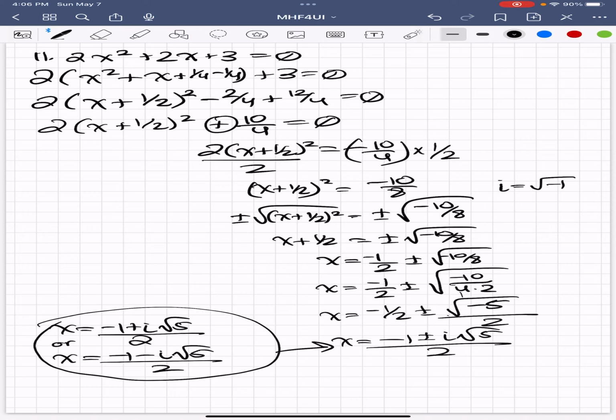So it's just an imaginary number. It's complex numbers, and we'll probably learn more about this as I post more videos. But I just factor out a negative 1, and factoring out a negative 1 under the square root equals i. So that's how I got i, the square root of 5. That's how I got that answer right there.